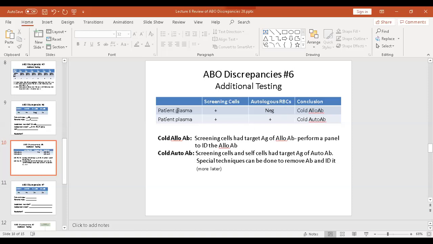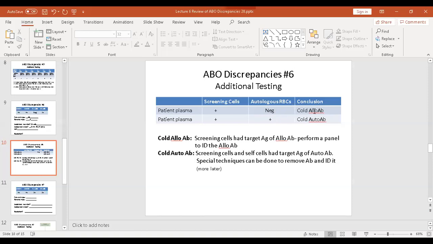Okay, we see the patient is not agglutinating their own cells. So what we want to suspect here is a cold alloantibody. It's considered cold because it's reacting at room temperature. Okay, room temperature is considered cold when we compare that to human body temperature.